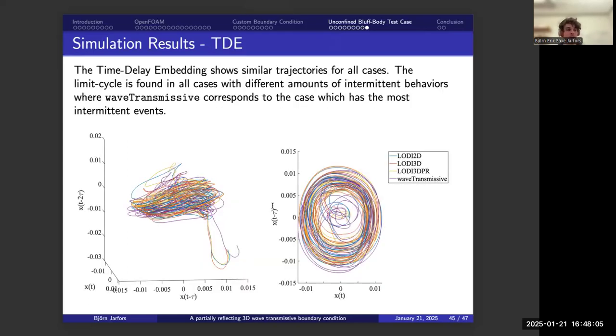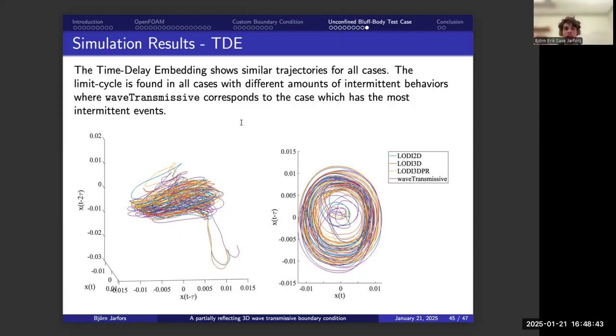So this part might be a bit difficult for some to understand that don't deal with a lot of nonlinear dynamic analysis. But this method of analysis is based on a Hankel matrix. So it's still the same time series, the y velocity time series, where you take that series and you introduce a time delay.